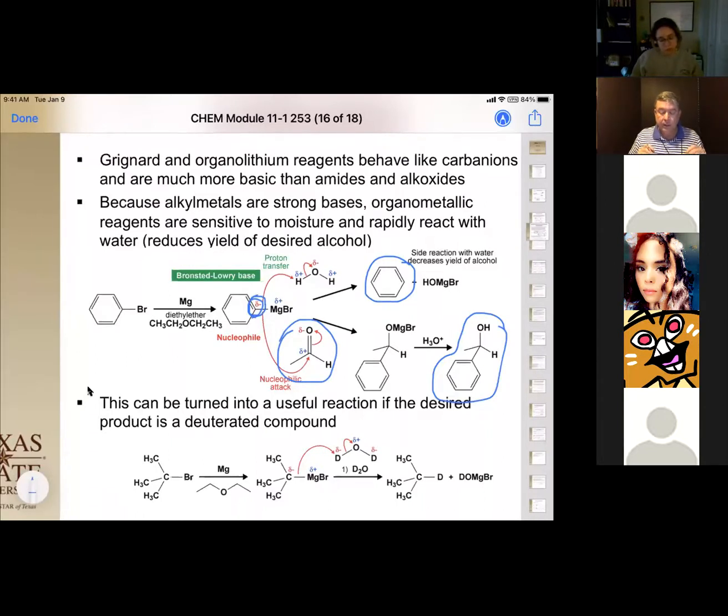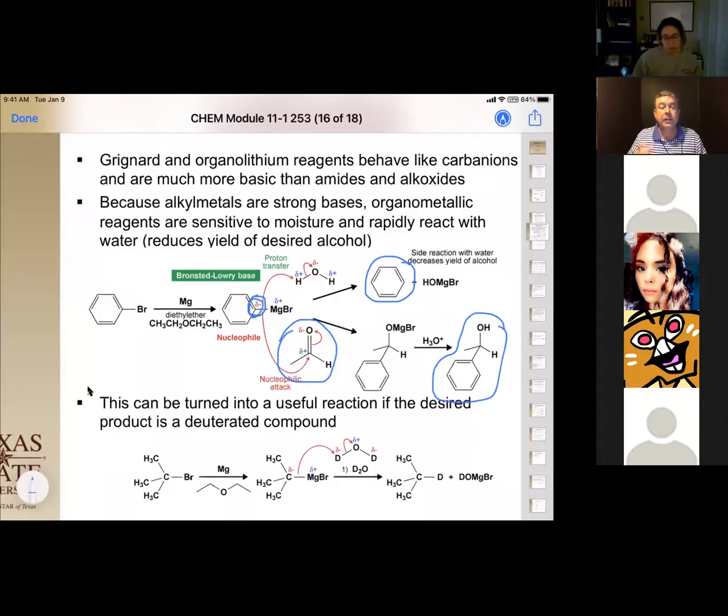This can actually be used to our advantage if we're trying to probe the mechanism of some kind of system. For example, let's say we wanted to mark our reagent with deuterium. Remember, when we did proton NMR, only hydrogen 1 was NMR active. Hydrogen 2, or deuterium, was NMR inactive.